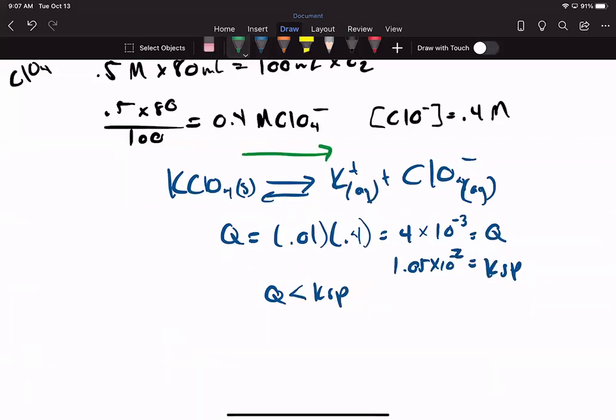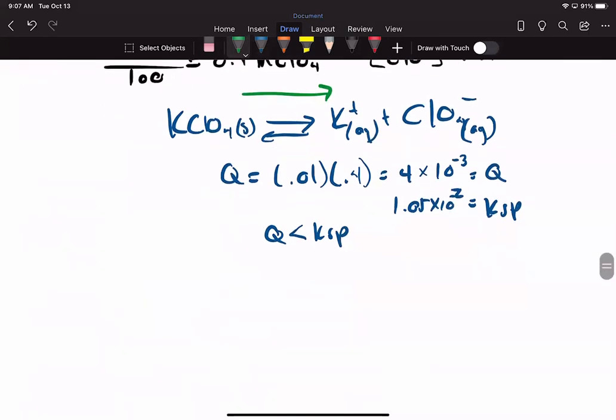And if it shifts to the right, are we going to have a precipitate? No, because it's going to go to the forward reaction. So this is no precipitate.